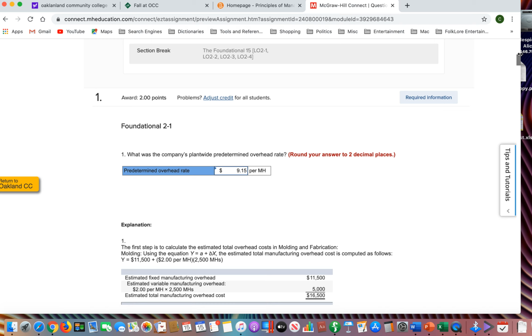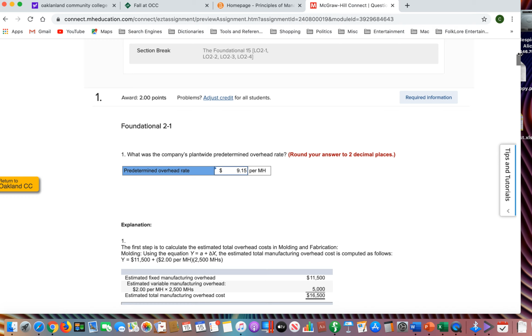How much manufacturing overhead was applied to job P and then to job Q? How much overhead was applied? Well, let's go back up to job P and job Q. Now, the overhead rate is based on machine hours.